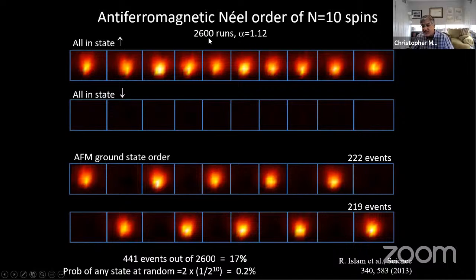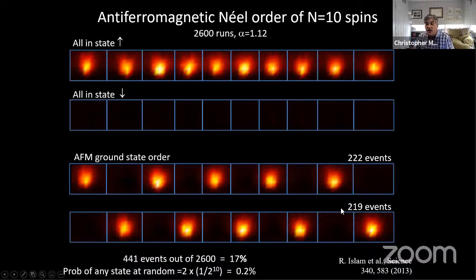We had 2,600 pictures of this crystal because we did 2,600 single shot runs, measuring the spin state in a single shot. 222 times we saw this, 219 times we saw this. That's a total of 441 events out of 2,600.